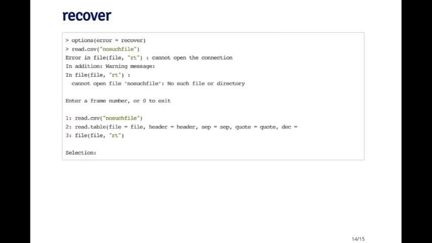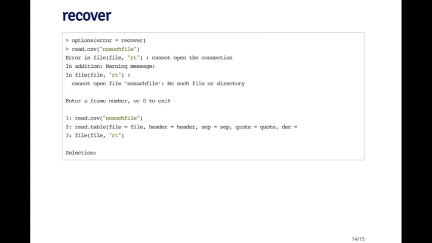Remember, read.csv is just a wrapper for read.table. So read.csv called read.table, and then read.table called the file function because it wanted to create a file connection with my file, no such file, right? And when it tried to create that file connection, obviously it couldn't find the file, and that's where the error occurred. Okay, so the error occurred at this third level in the function call stack.